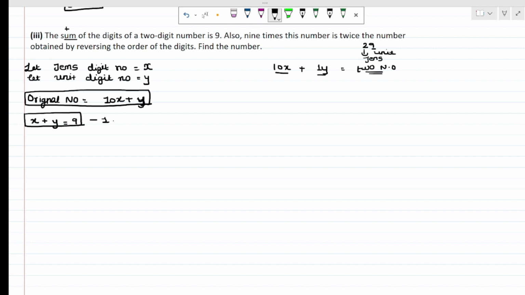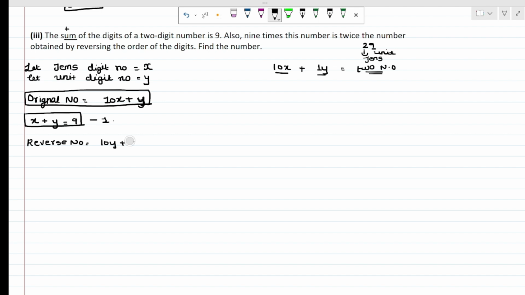Also, 9 times this number is twice the number obtained by reversing the order of the digits. So, we have already talked about the original number. They are talking about reversing the number, so we need to make a reverse number. What will be our reverse number? When your original number is 10x plus y, your reverse number will become 10y plus x, just vice versa.